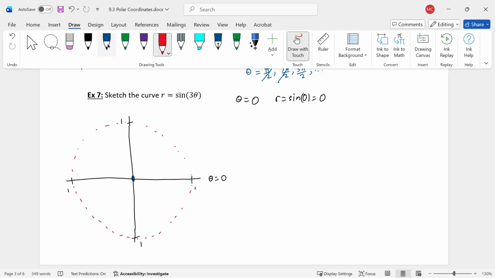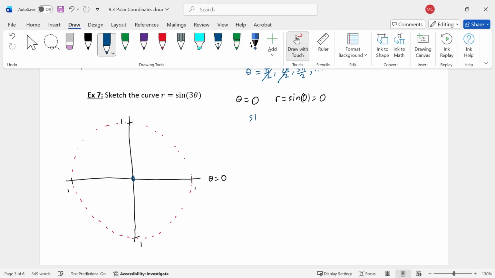Now, I don't want to go through every single angle. That's not super practical, right? We just want to plot the necessary key angles.